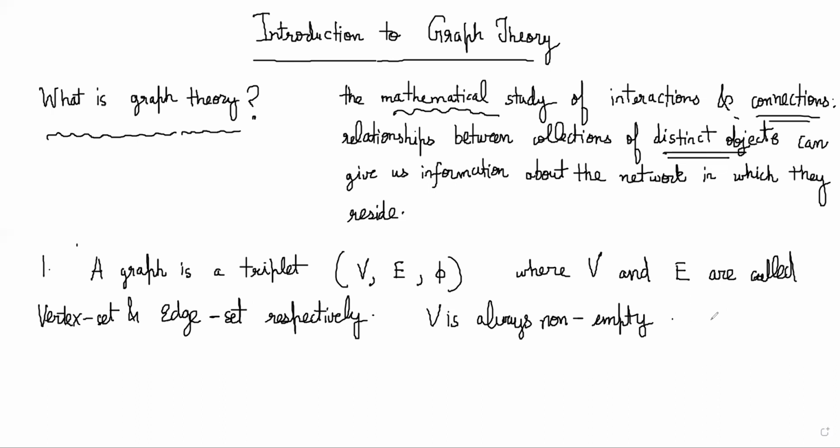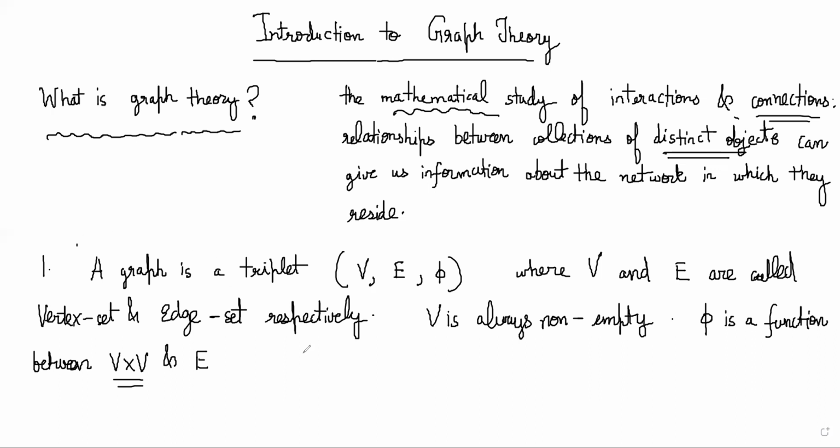Now, what is phi? Phi is a function between V cross V and E. So what is V cross V? V cross V is the ordered pair of vertices, right?